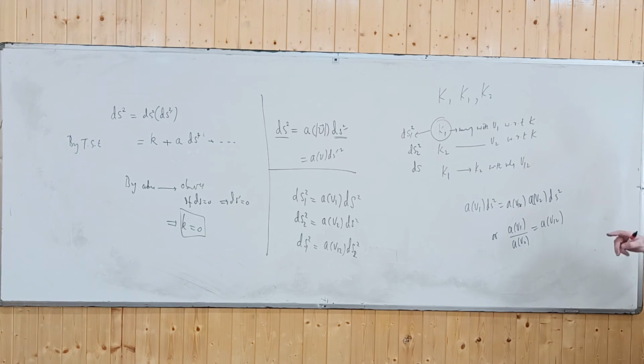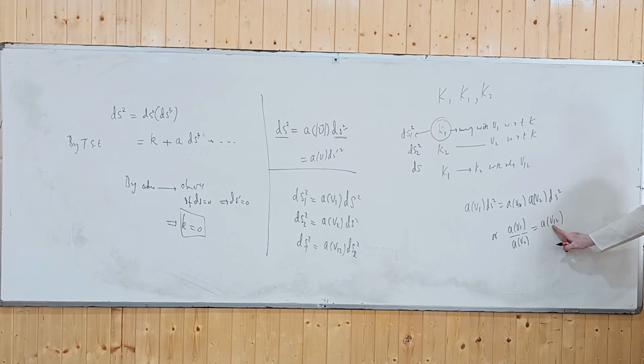Clear? Now look, V1 is the magnitude of the velocity V1. V2 is the magnitude of the velocity V2. Clear? So do these magnitudes depend on the angle? No. So the left hand side does not depend on the angle between the velocities V1 and V2 because they are separately the magnitudes.